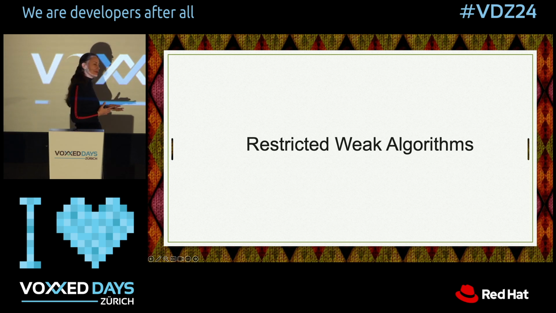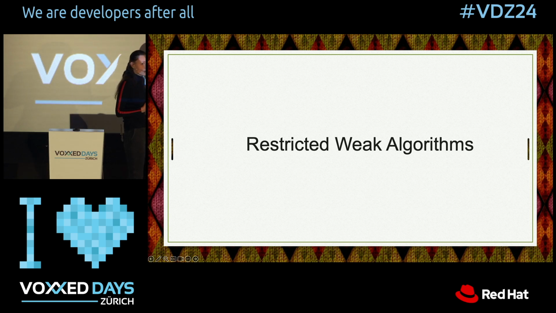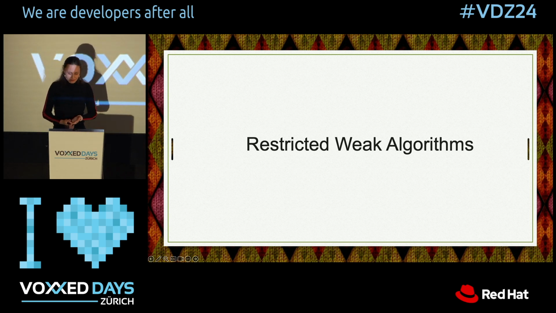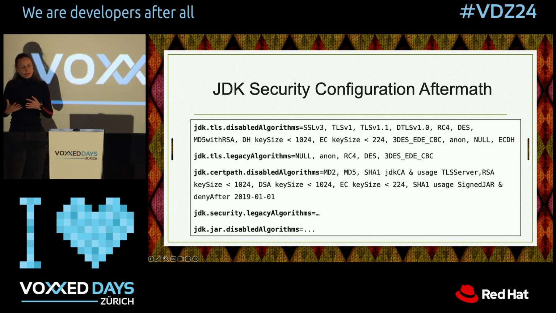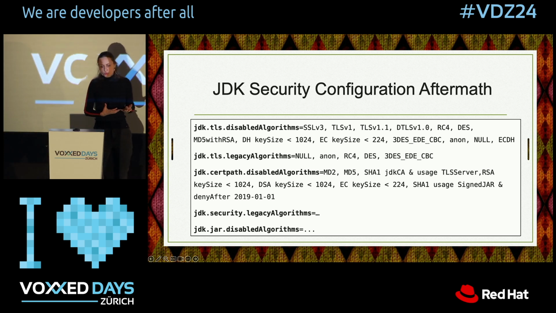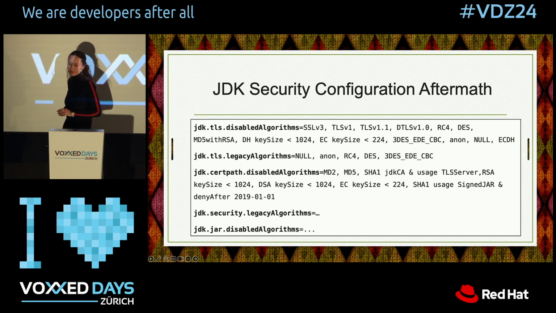And you probably have heard this many times, Java is secure. And yes, Java is secure most of the time by default. Yet, the enablement or disablement of the weakened algorithms is stored in the JDK security configuration file.